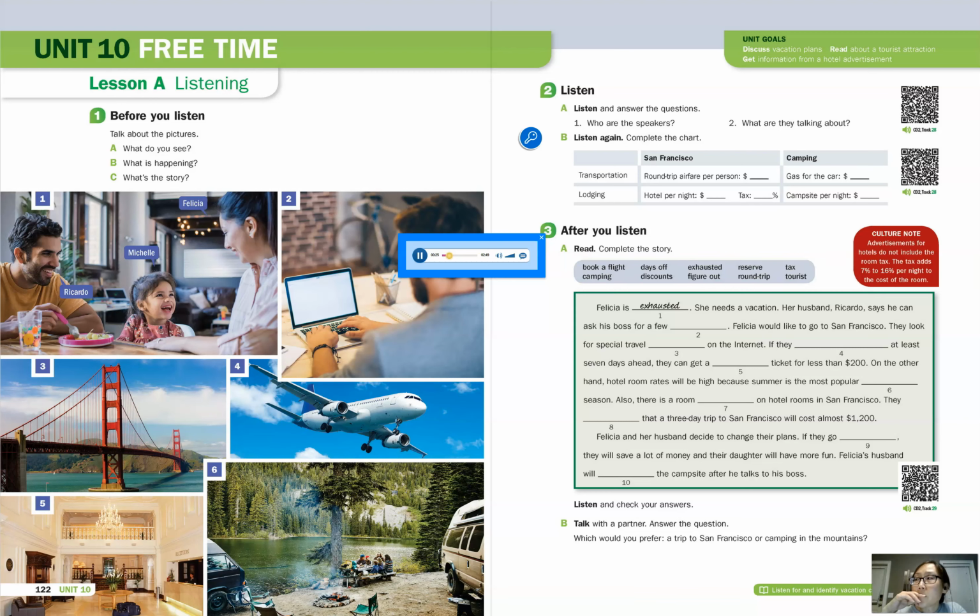Oh, Ricardo, what a great idea. We haven't had a family vacation in 2 years. Where would you like to go, Felicia? We could go to San Francisco. Michelle's 6. She's old enough to enjoy it, don't you think? Well, let's see if there are any deals on any of the internet travel sites.